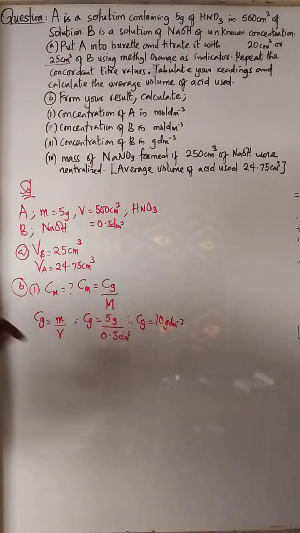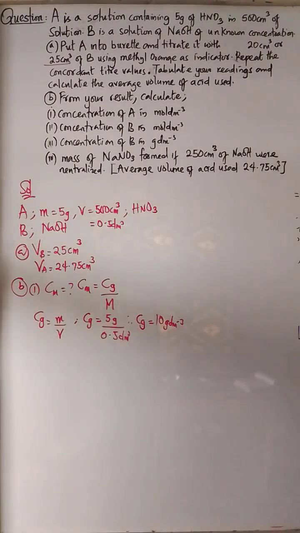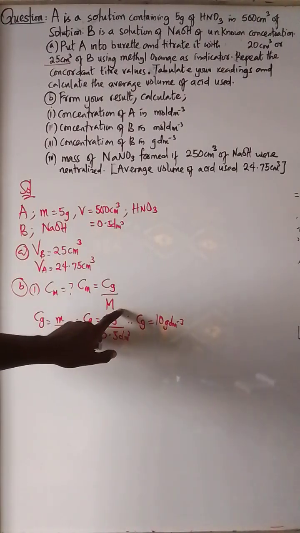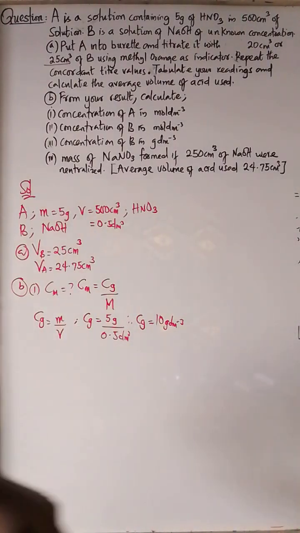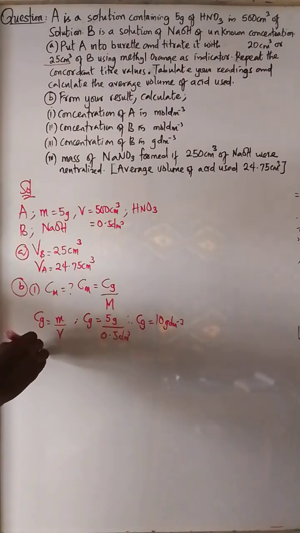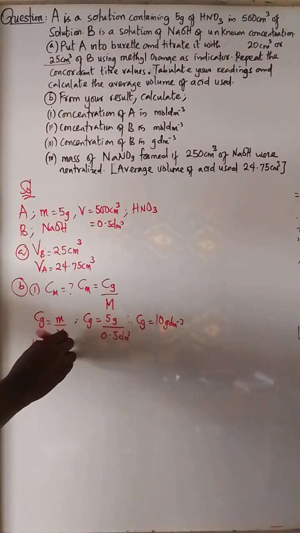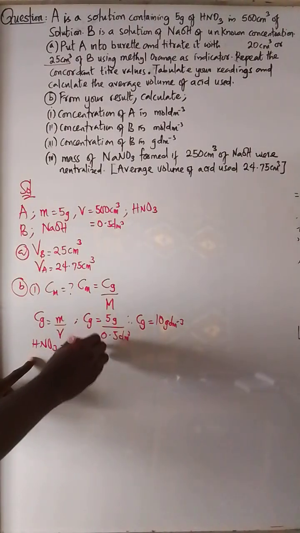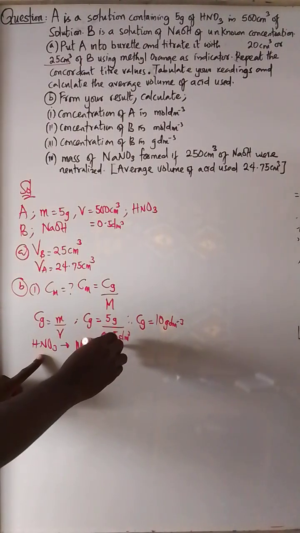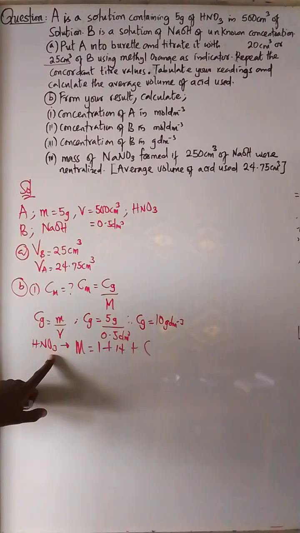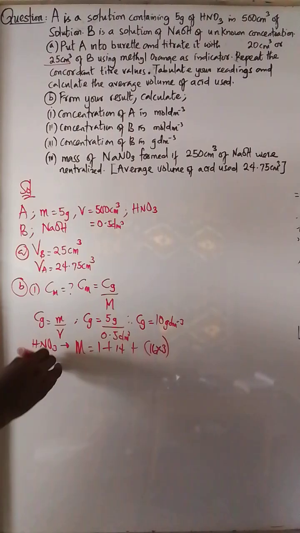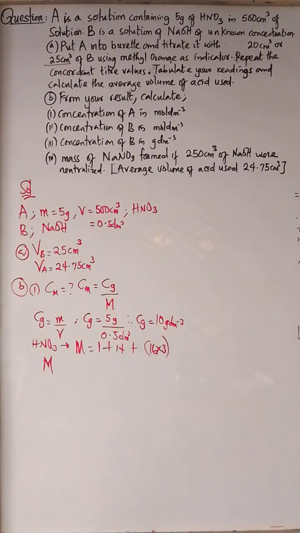But what are you looking for? Molar concentration, which is concentration in mole per dm3. To get this, we need to know the mass concentration and the molar mass. Already we know the mass concentration. Now let's get the molar mass for HNO3. Hydrogen is 1, nitrogen is 14, and oxygen is 16, that's 16 times 3. From here, the molar mass of HNO3 is 63 gram per mole.